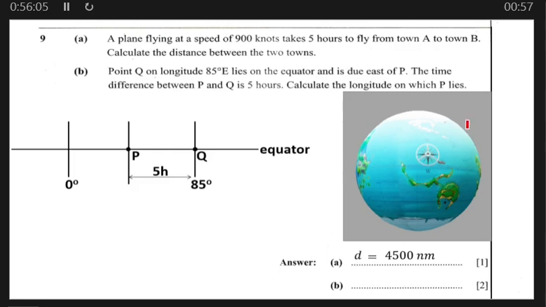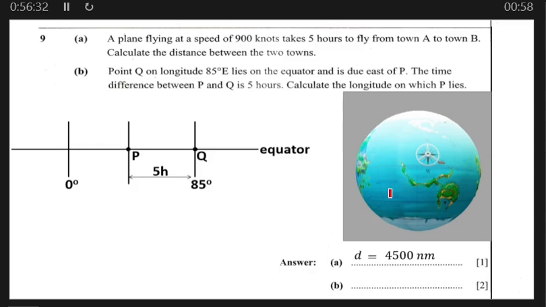It has made a complete rotation, which is equivalent to 360 degrees. Also, this complete rotation in hours is equivalent to 24 hours.